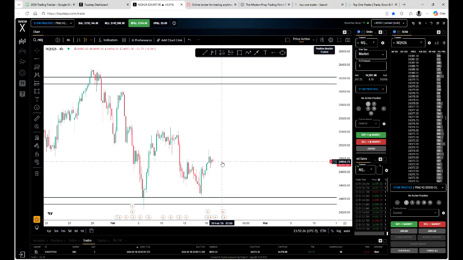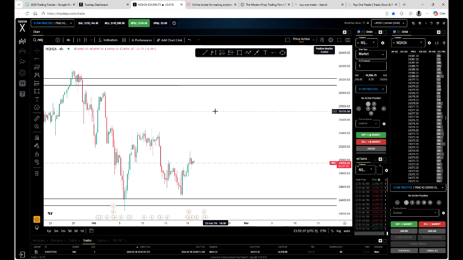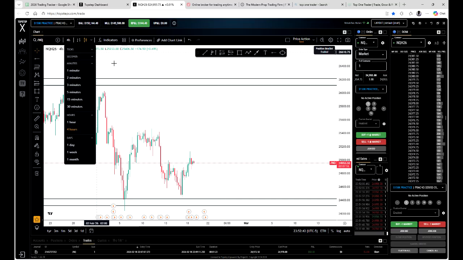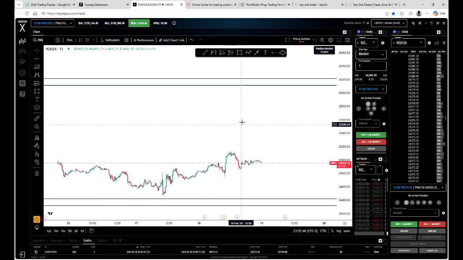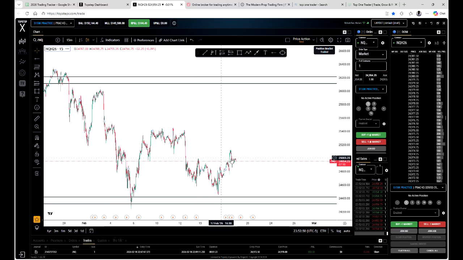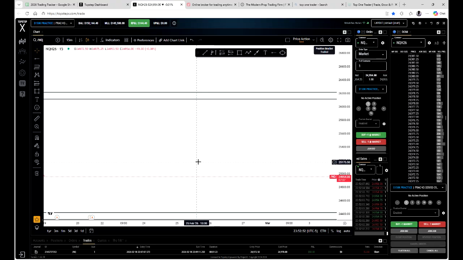So I'll be looking for entries, looking for price to move up by the end of the day. You understand? So that's what higher time frame, lower time frame correlation does. Whatever information you get on the higher time frame, it should be the same thing on the lower time frame, explaining that price is trying to move up at this current moment.